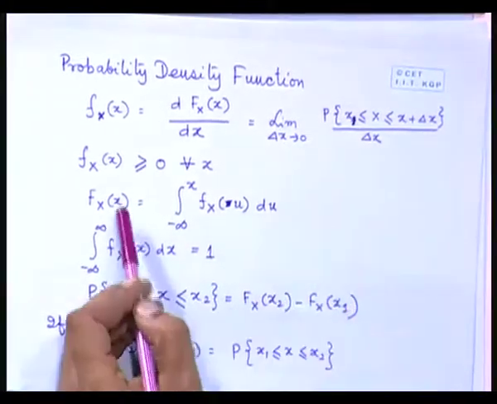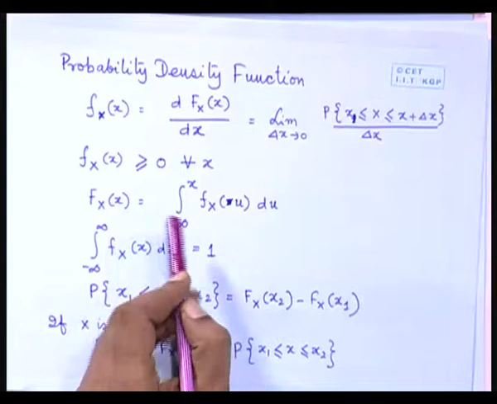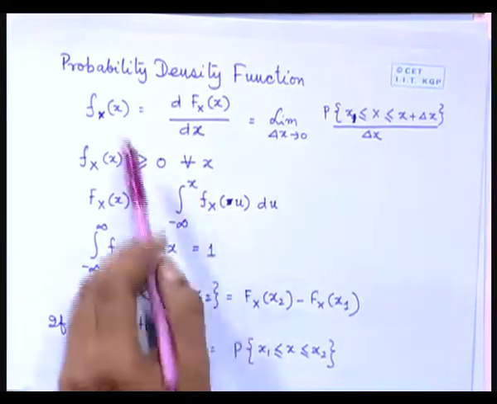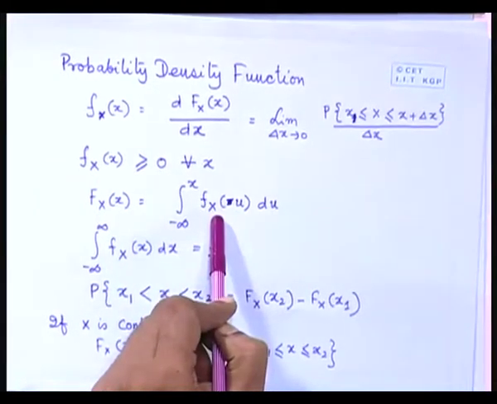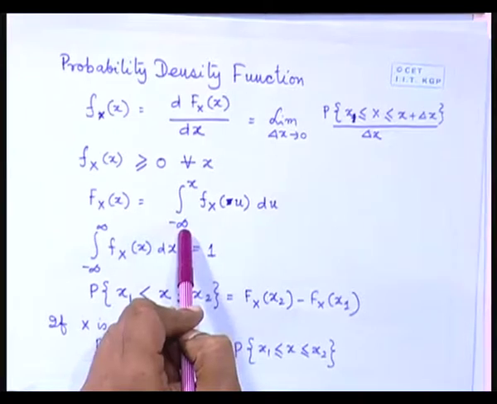And how is Fx defined? If you have the density function, you can derive the distribution function by simply integrating from minus infinity to x. Why from minus infinity? Because from minus infinity you will get a 0 initial condition, because we know that F of minus infinity is 0. So you will get just the function Fx, and the other term from this limit will be 0.